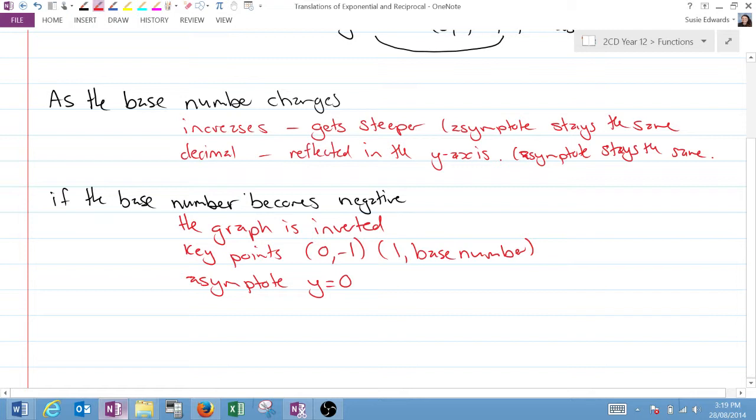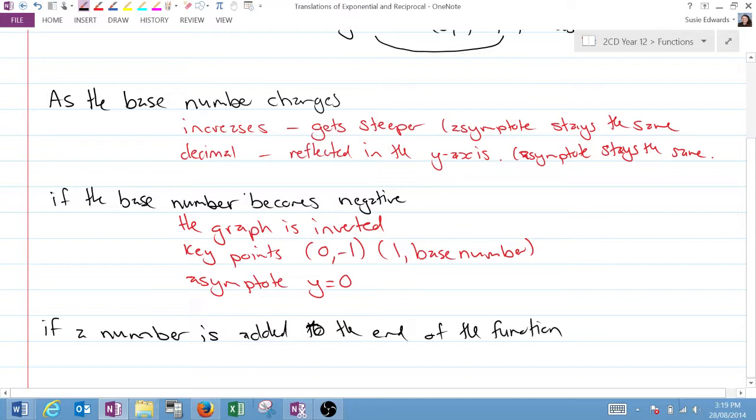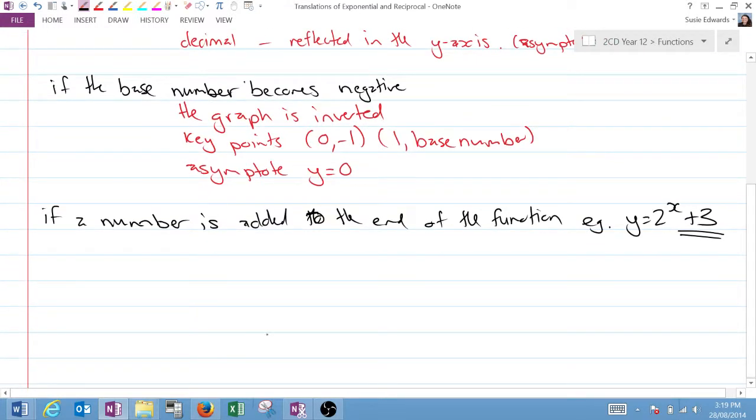So if a number is added to the end of the function, e.g. y equals 2 to the power of x plus 3, that's where it moves. If it's added, it moves the whole function up.